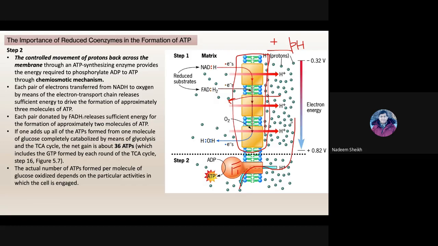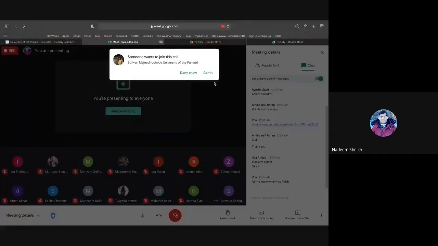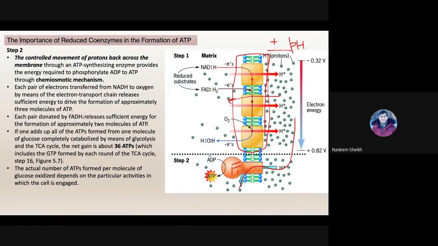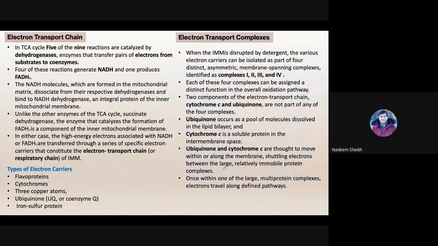So this PMF is going to push the protons back to the matrix through this F1 particle, and this is the point when protons they move back to the matrix, then the phosphorylation occurs and ADP is converted into ATP. इस कंप्लीट मैकेनिज्म को अगर हम नाम देंगे तो दिस इज केमी ऑस्मोटिक मैकेनिज्म which is because of these protons which is going to produce the ATPs on the F1 particle.